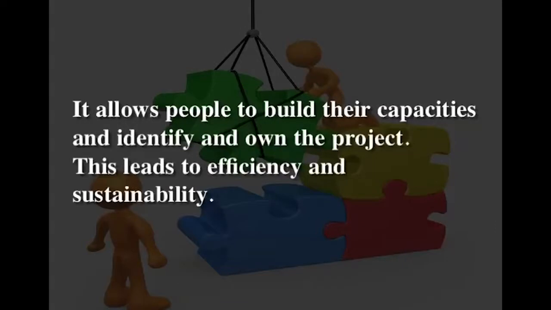It also allows people to build their capacities and identify and own the project. This leads to efficiency and sustainability. Increased empowerment of people leads to increased capacity to manage processes, monitor, evaluate, make decisions, and gain analytical ability to understand their own difficult situations.